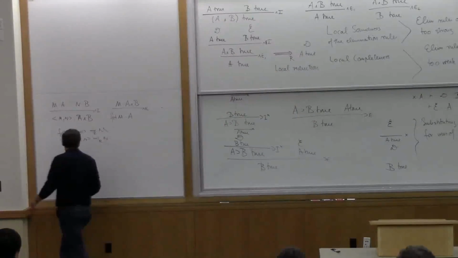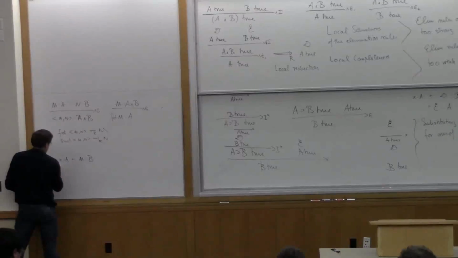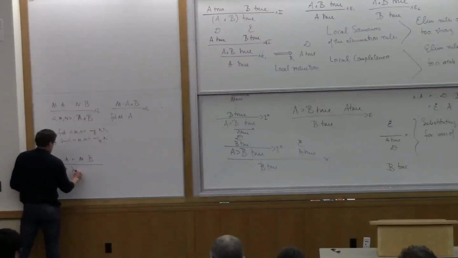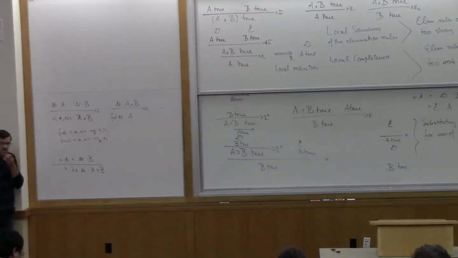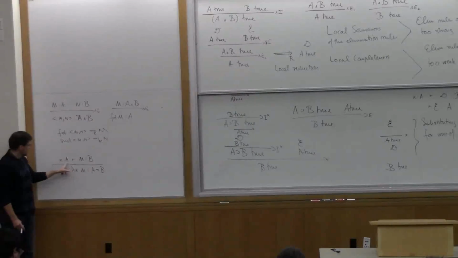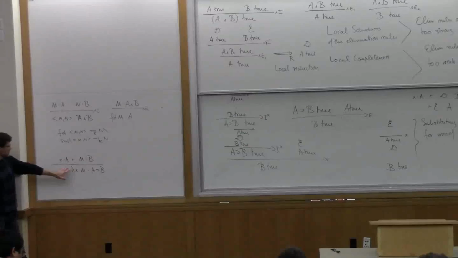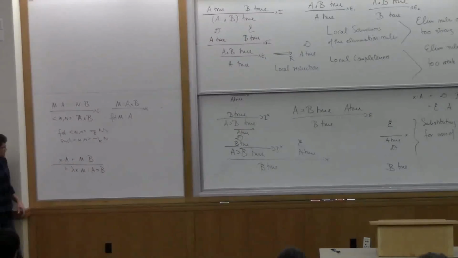I name the proof term, and then I have that lambda X. M is a proof of A implies B. There's some question about whether I should put the proposition A into the term or not. I don't want to get into this discussion right now. So this would be the proof term.